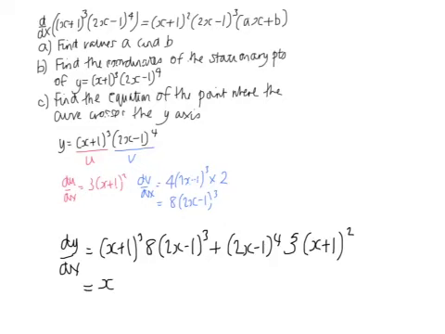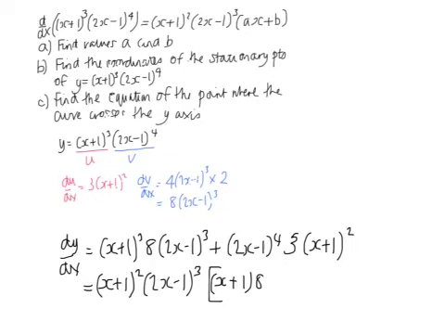Okay, so let's take out those two factors. So we've got (x plus 1) squared, (2x minus 1) cubed. So from the first term, we've taken out (x plus 1) squared, let's just make that absolutely clear. So we've got another x plus 1 from the first term, and indeed we've also got an 8, so I'll put my 8 at the end, not very nice, but anyway. And we've got (2x minus 1) cubed. Okay, from the second term, we've got (2x minus 1) to the power of 4.